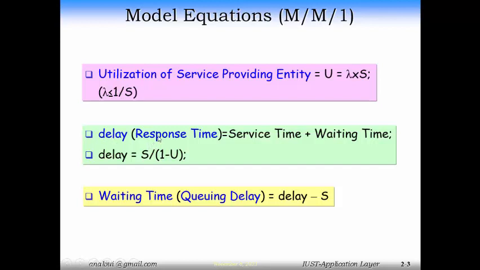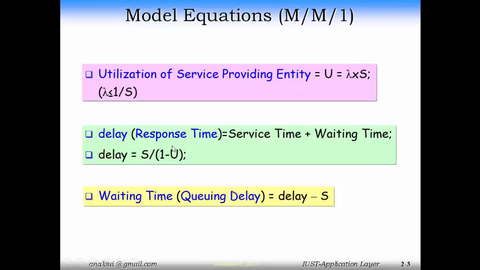What about the delay? The delay of this system, or the response time of this system, is equal to the service time, the time that I spend in a server, plus the waiting time, the time that I spend in the queue before getting the service. Okay. The delay is equal to S divided by 1 minus U. U is the utilization here.